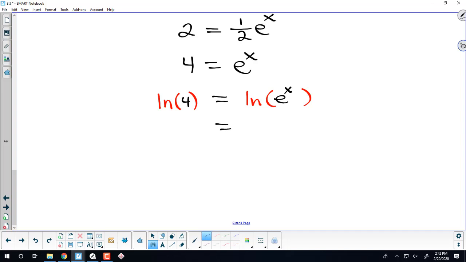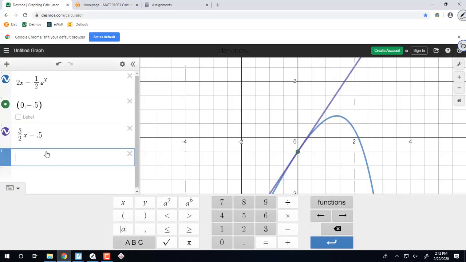The ln of e to any power is just the power, and the ln of 4 is the ln of 4. Whatever that is, the x value of ln 4 is, I don't know, 1.386.